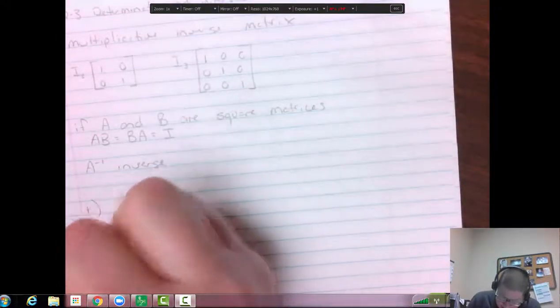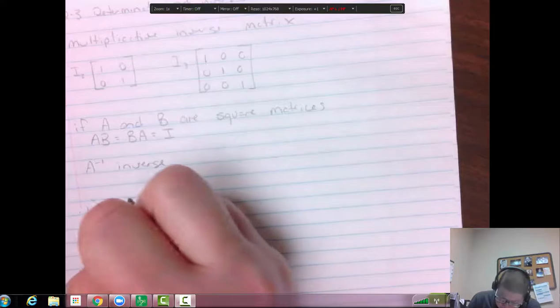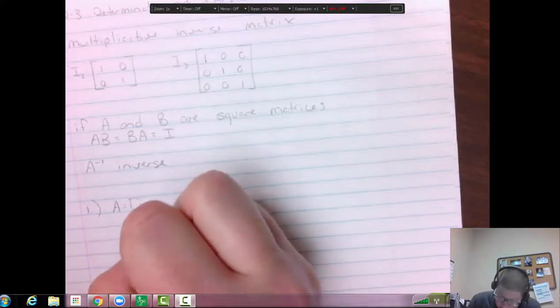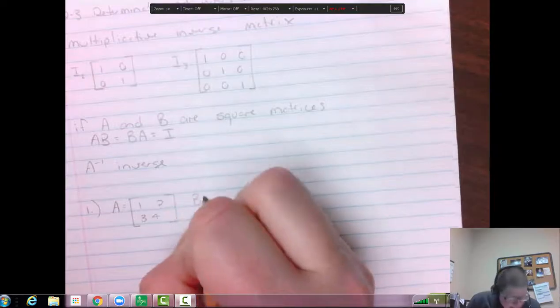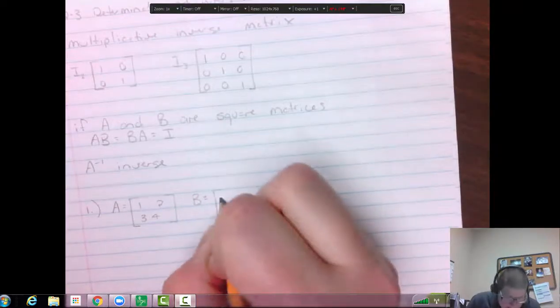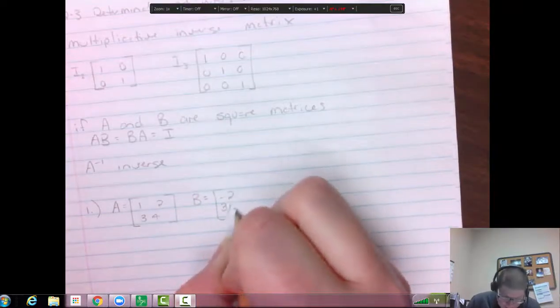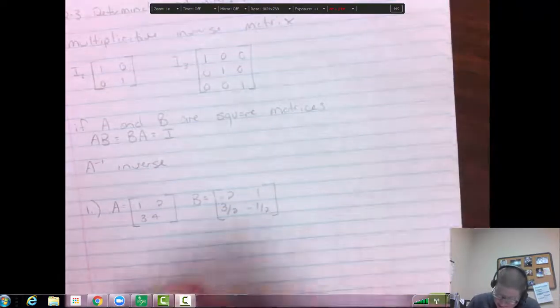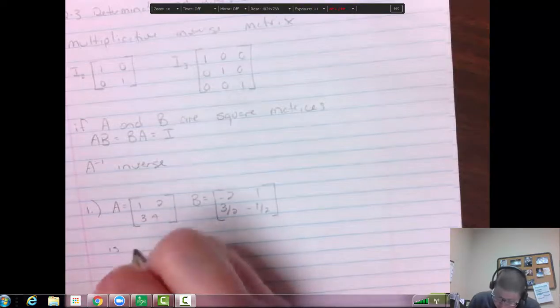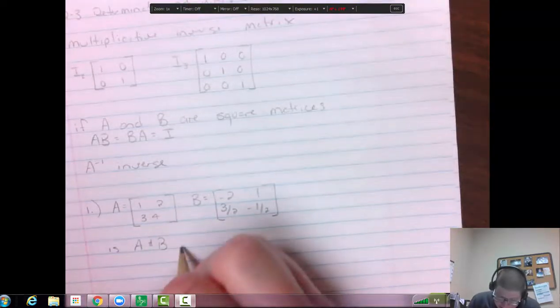Let's look at an example. What if A is equal to 1, 2, 3, 4, and B is equal to -2, 3 halves, 1, -1 half. Are A and B inverses?